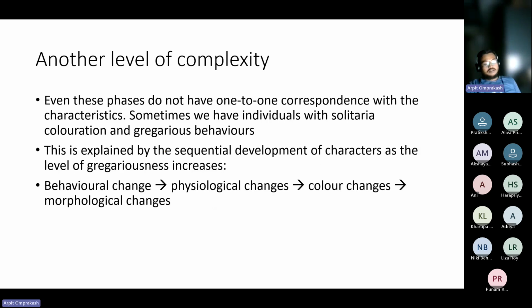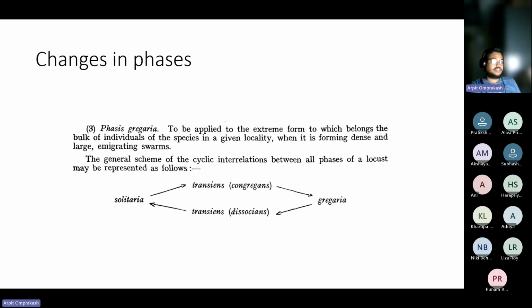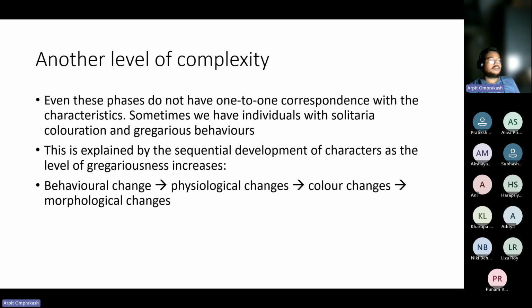Right. But it's not very simple. Even though he was able to characterize all these phases and say that they are cyclic, there are a lot of more complex things happening behind. There are behavioral changes that are driving physiological changes in the larvae, that are driving the color changes, like the migratory color or the green color or the danicoid color, and which finally result in the morphological changes.